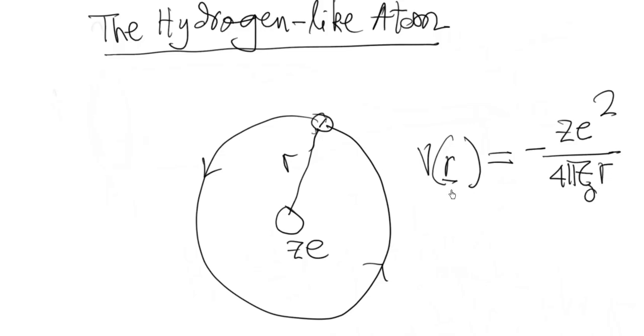This potential energy of the electron is spherically symmetric, and it is dependent only on the radial distance. It does not depend on the angular variables theta and phi.